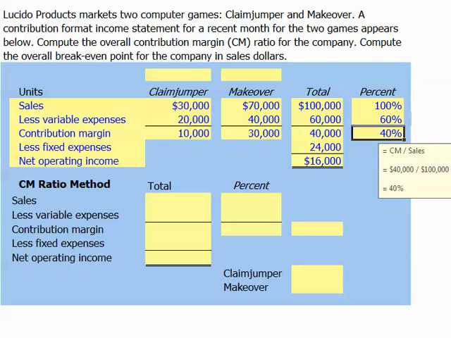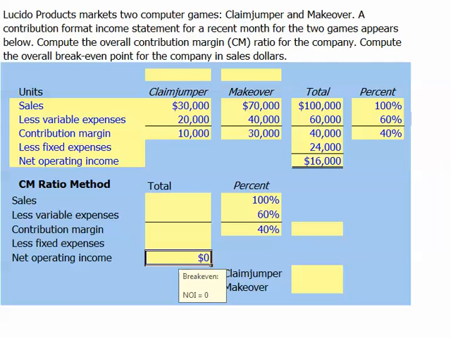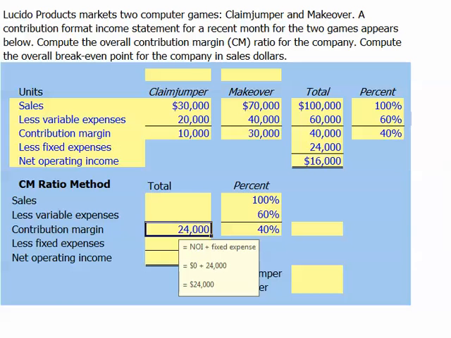We're going to make use of our contribution margin ratio to calculate the company's overall break-even point. Recall, break-even is where our net operating income is zero. Since our company's total fixed expenses are $24,000, the company needs to earn a contribution margin in total of $24,000.